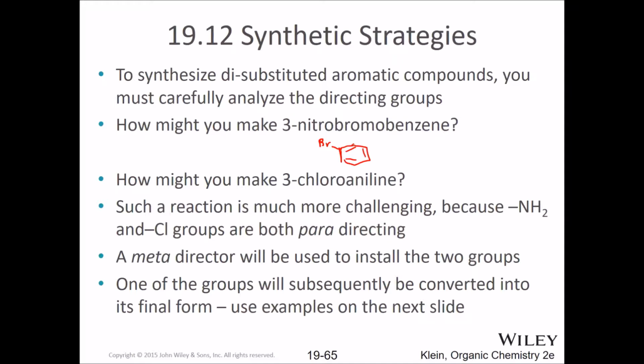Let that be a carbon here, which is not very well drawn. 1, 2, 3, nitrobromobenzene. Right. So if we're going to make this, there's not two good ways to make this. First a bromine, then a nitro, or first a nitro and then a bromine. If you do the nitro first, there's two problems that go on, right?